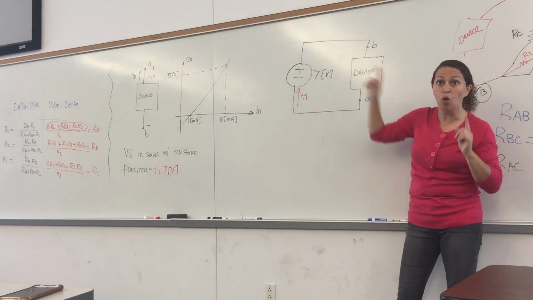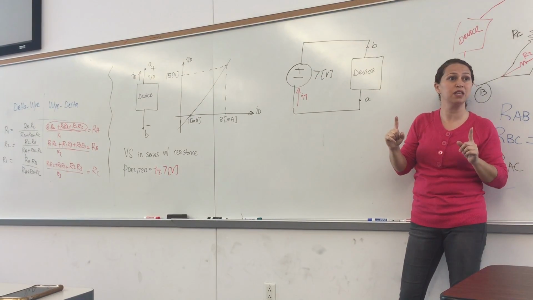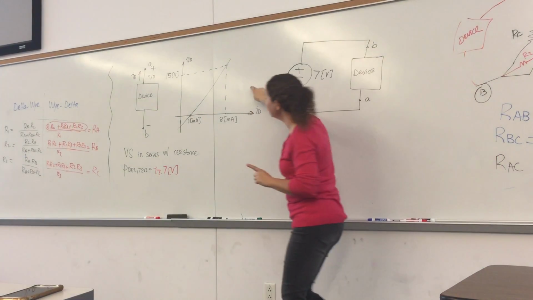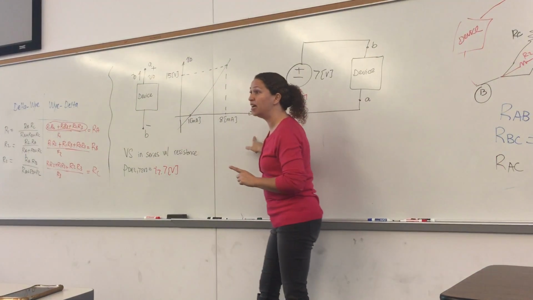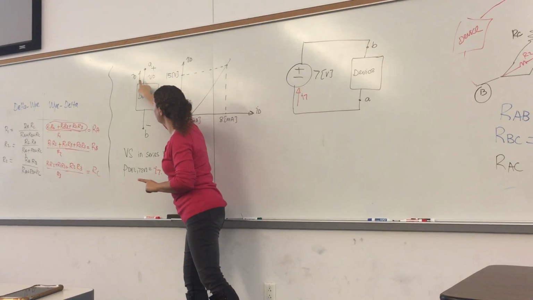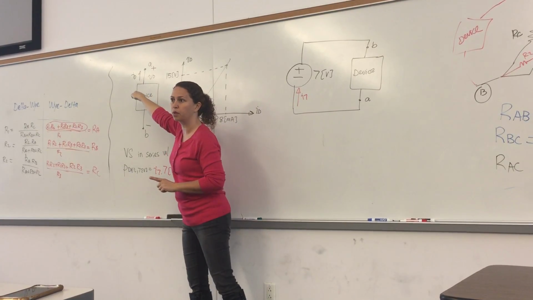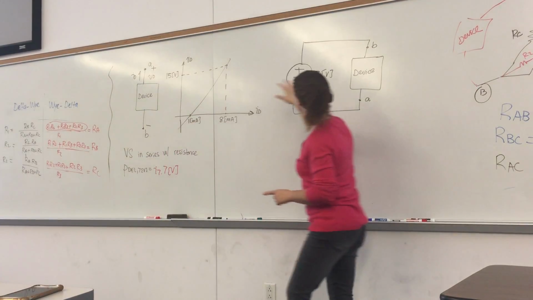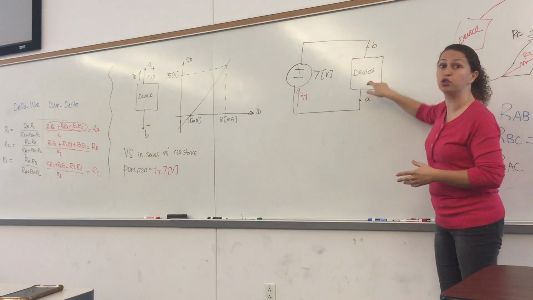The only thing you have to be very careful with is the polarities. This is a VD versus ID graph with VD and ID labeled this way. According to the polarities labeled there, what does VD refer to over here?